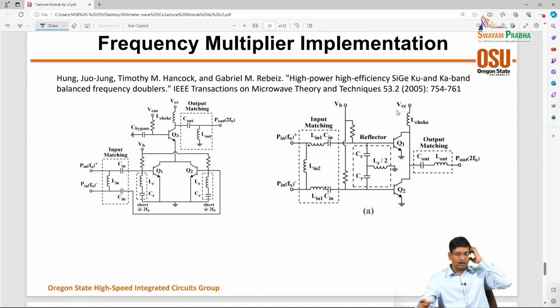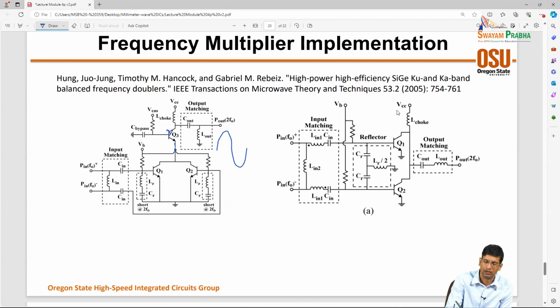The other traditional thing that is observed is that a lot of these doublers suffer. So I am trying to get a high 2F0 signal over here, right? So imagine that we didn't have the cascode and we were directly at the load, then we would have a high amplitude at 2F0, and then there are feedback capacitances over here, right?